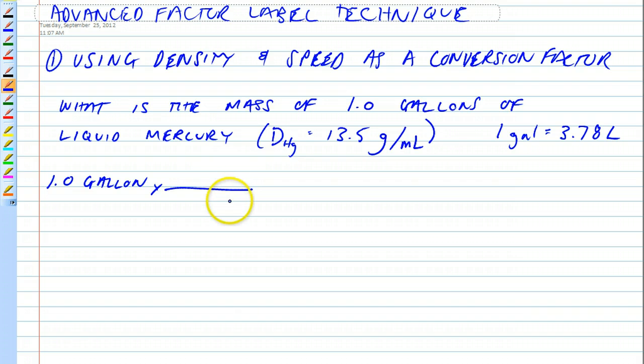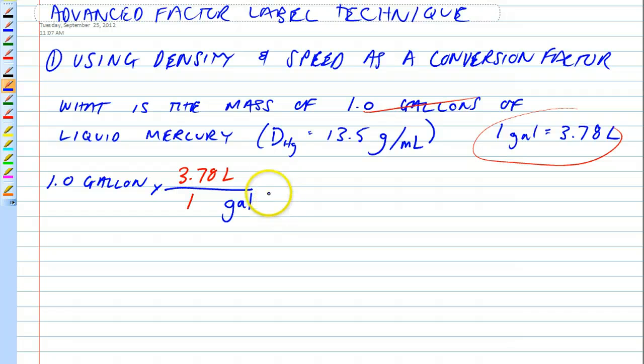And that tells me automatically that I want gallons in the denominator here because I want to cancel gallons out, right? So now I'm looking up here and I'm thinking, what do I have? By the way, I've already used gallons, so I'm going to cross that out. I can write 1 gallon and 3.78 liters. Now I've got a problem though, because I've canceled out gallons and now I have liters.